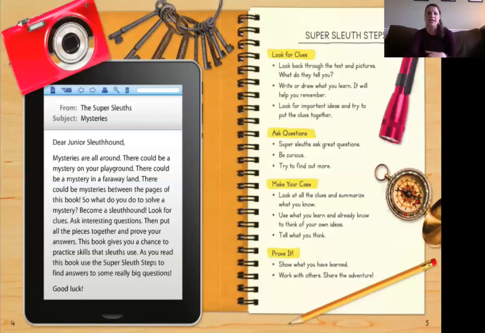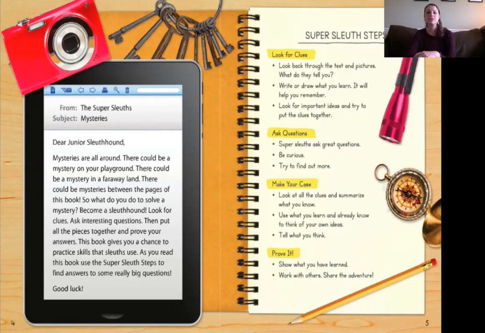All right, so as we get into our sleuth text, good readers are always kind of acting like detectives, because we're not trying to look for clues to solve a real life mystery, but we're looking for clues to help us understand the text.